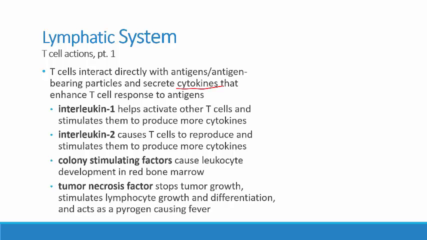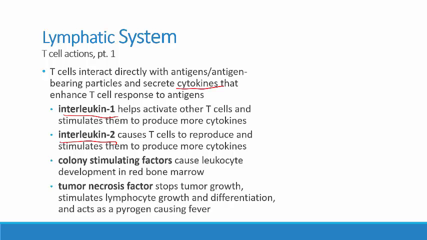So what are some of those cytokines? Interleukin-1 and interleukin-2 are two of the cytokines that they can produce. So if the T cell encounters an antigen-bearing particle, then it could release interleukin-1, which will help to activate other T cells and also stimulate them to produce cytokines.